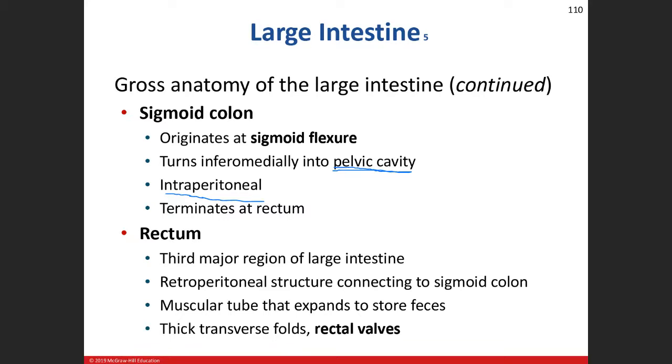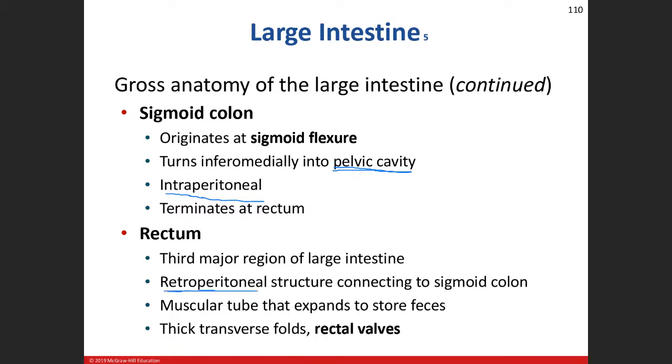Think of the rectum as the storage facility for feces, for your digestive wastes. And here at the rectum, again, we have another structure that is retroperitoneal.